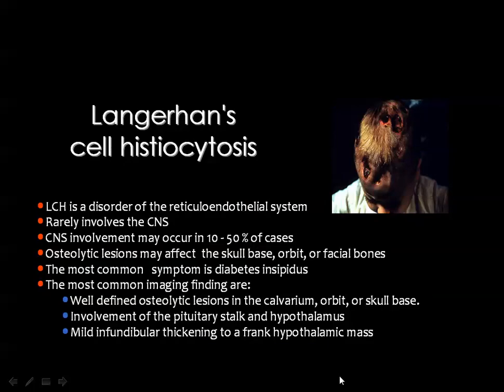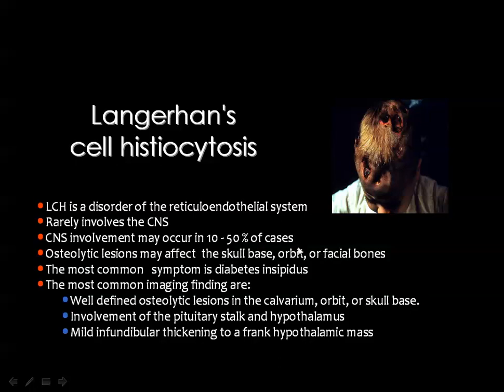Then one of the lesions that can also be seen in the suprasellar area is histiocytosis, or Langerhans cell histiocytosis. This is a disorder of the reticuloendothelial system, and it is rare for it to involve the CNS, when the involvement here can be seen in patients with already diagnosed histiocytosis.